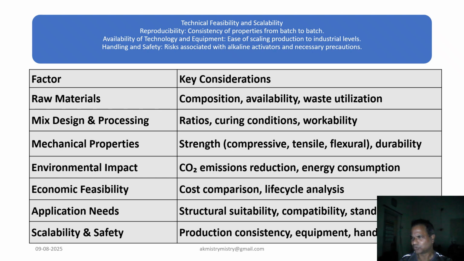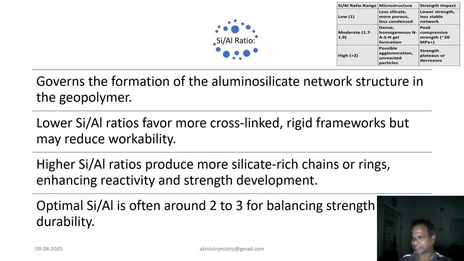Now, coming to the very important informative slide about silica alumina ratio, here it needs to be addressed properly. The silica alumina ratio tells us how much silicon and aluminum are in the mix. So a lower ratio makes the structure more rigid but harder to work with.